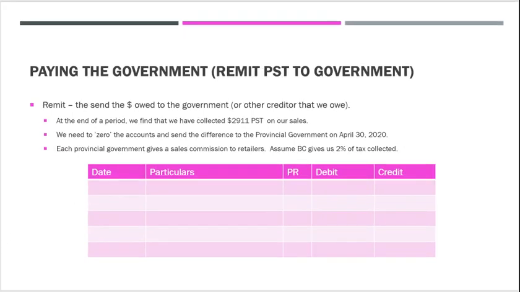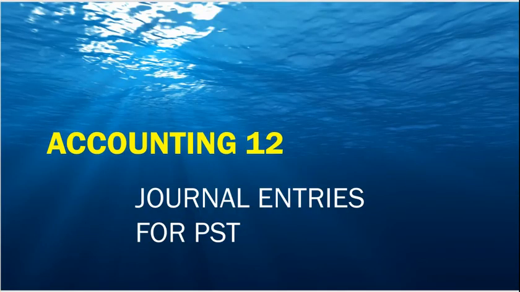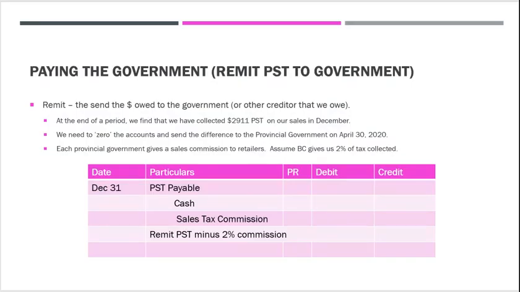So in this case, we have $2,911 that we collected. 2% is going to stay with us, and the rest will be sent to the government. So I've set up the debit.